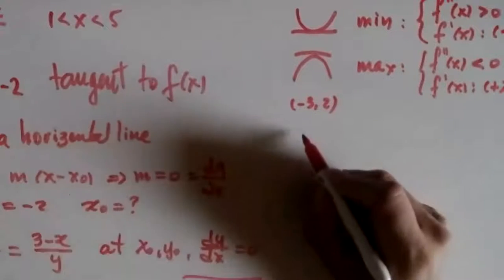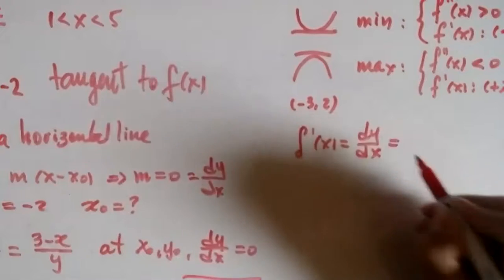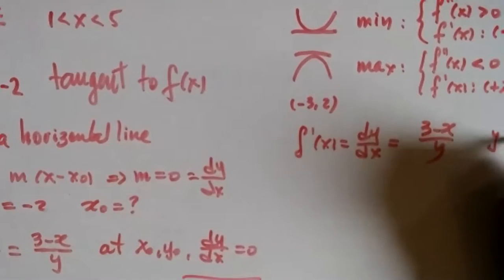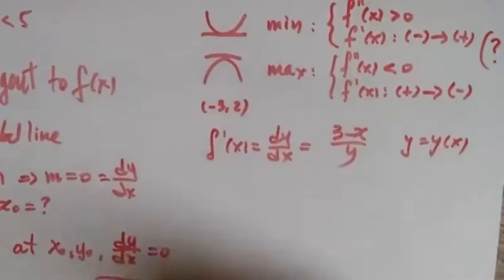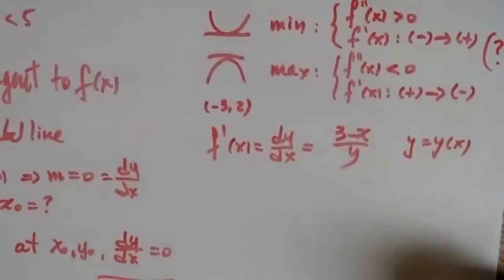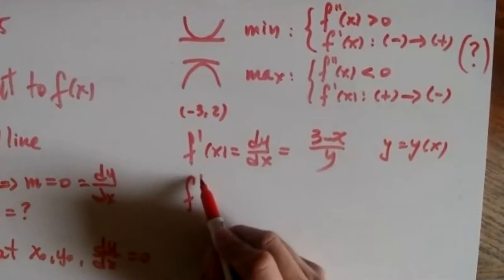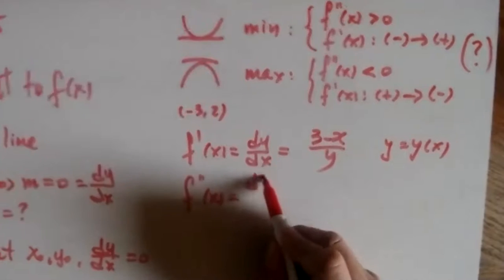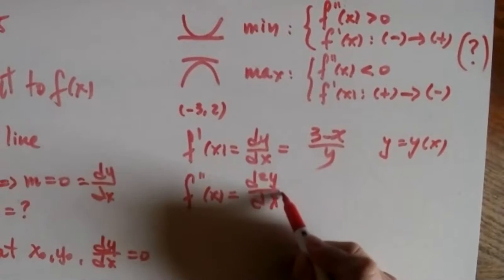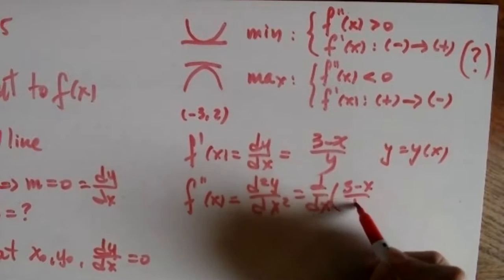So f prime of x is dy/dx, correct? So this is (3 minus x) over y. And we are assuming y is a function of x. Correct? How do we find f double prime? Okay, f double prime of x is the second derivative of y with respect to x, or the derivative with respect to x of (3 minus x) over y.